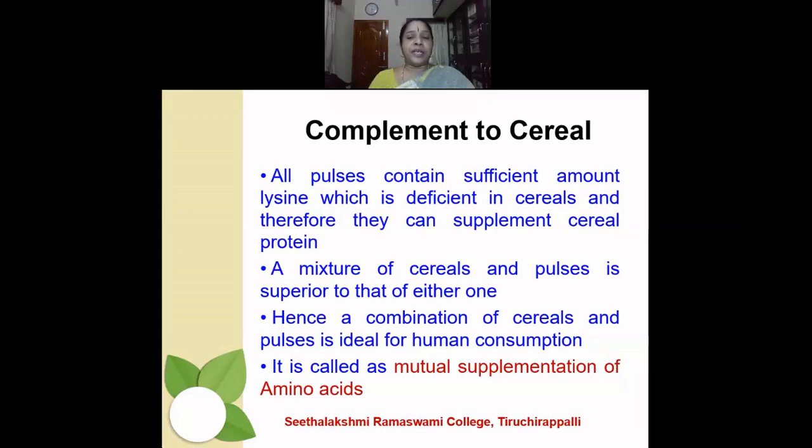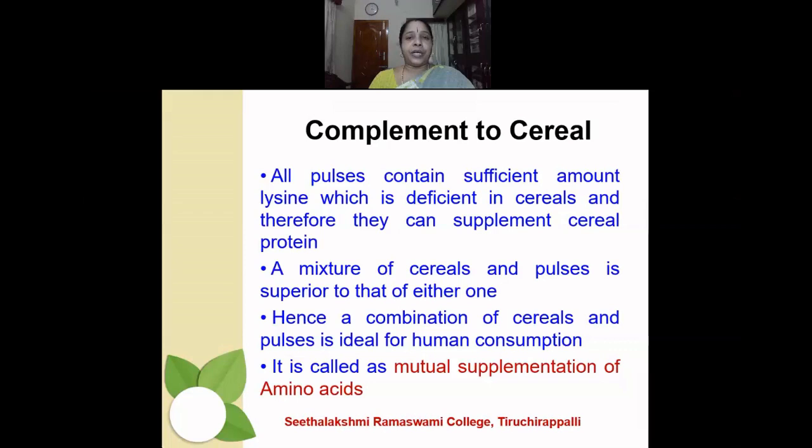Therefore, a mixture of cereals and pulses is superior to consuming either cereal alone or pulses alone. Hence, a combination of cereals and pulses is ideal for human consumption because it will improve the quality of the protein. This is called the mutual supplementation of the amino acids.